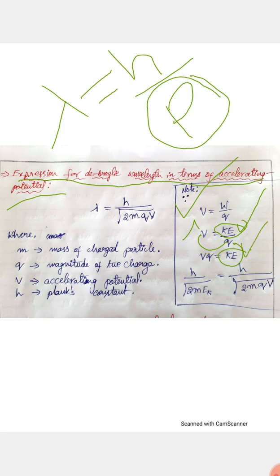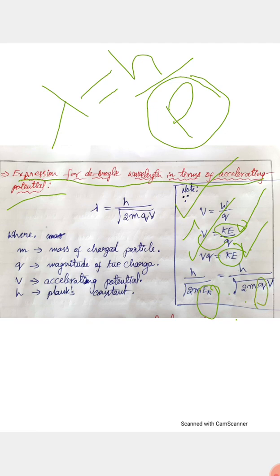Now the equation from the previous one is lambda is equal to h divided by the square root of 2m Ek. In place of Ek, what did we get? V into Q. Now substitute that: h divided by the square root of 2 into m into QV.